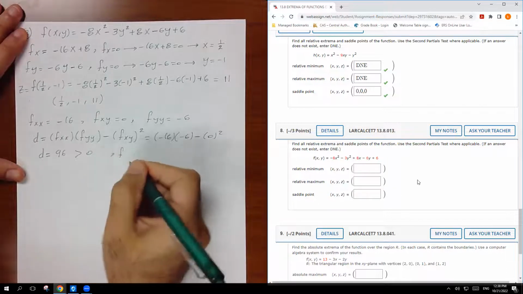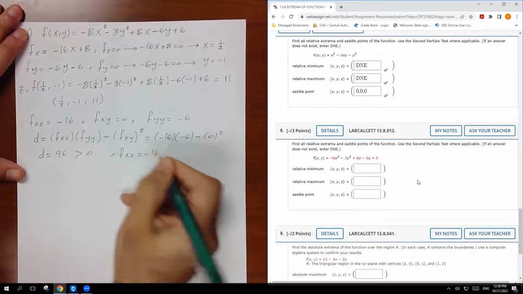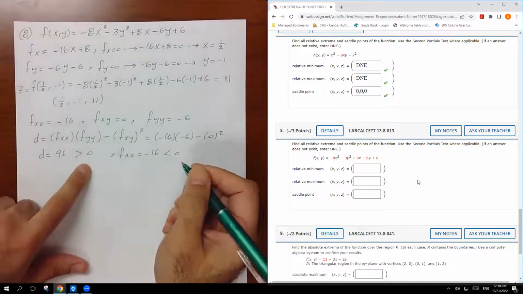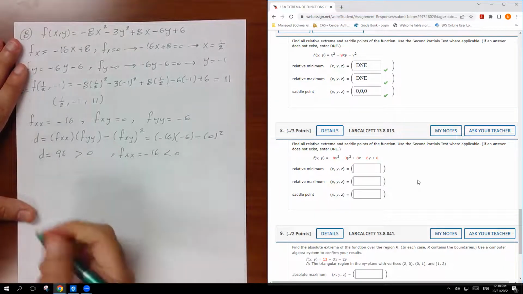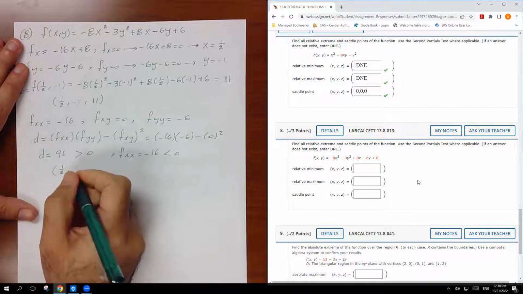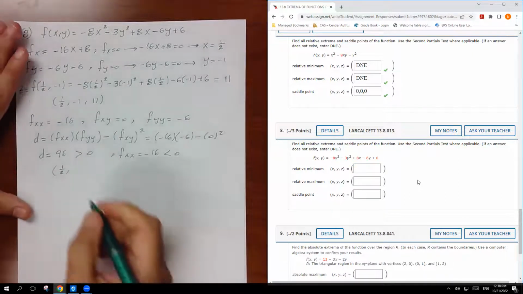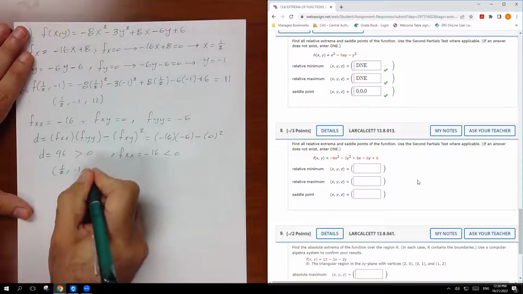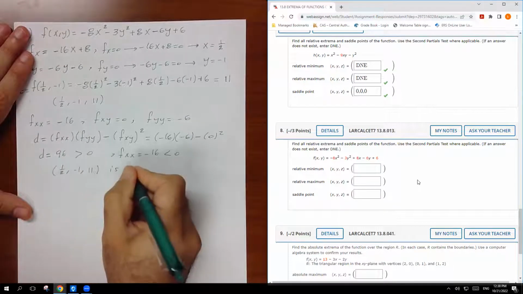And f sub xx equals -16, which is less than 0. D is greater than 0, and this is less than 0. Sorry, if it's less than 0, it's going to be a max. So (1/2, -1, 11): if f sub xx is less than 0, it is a maximum.